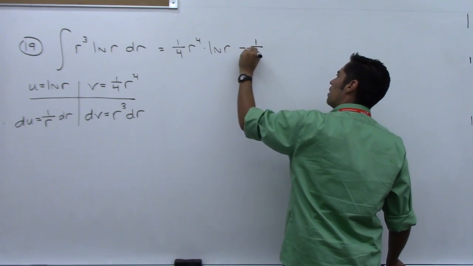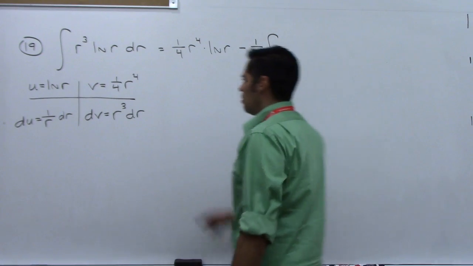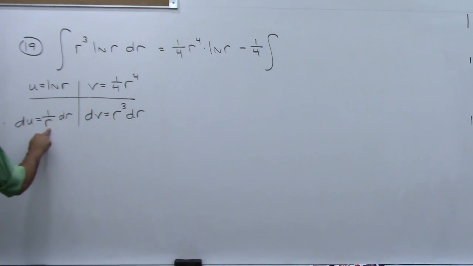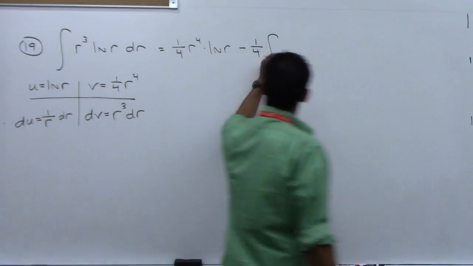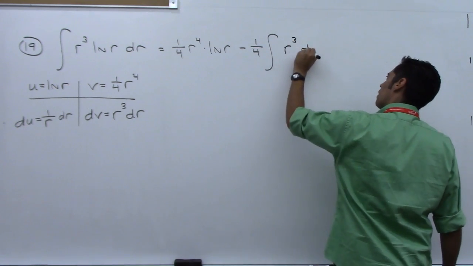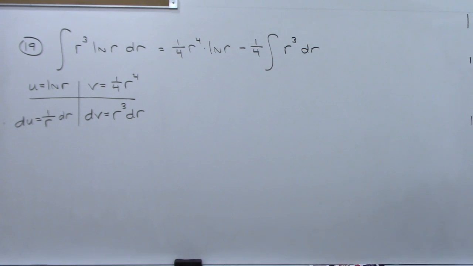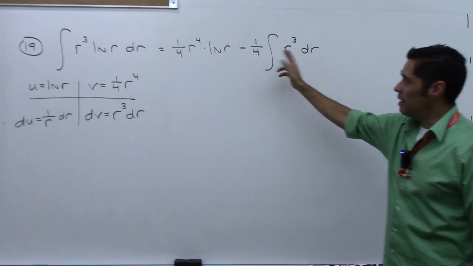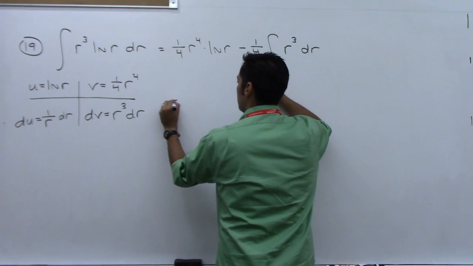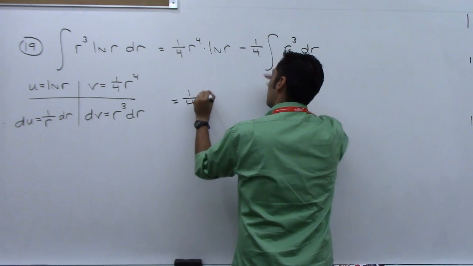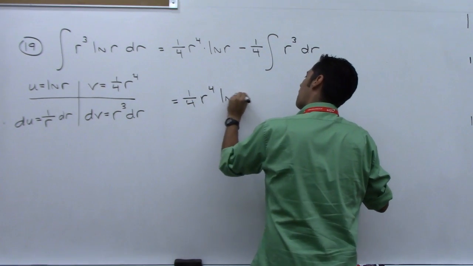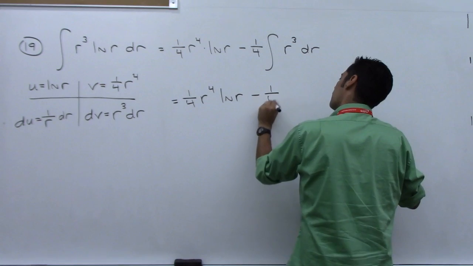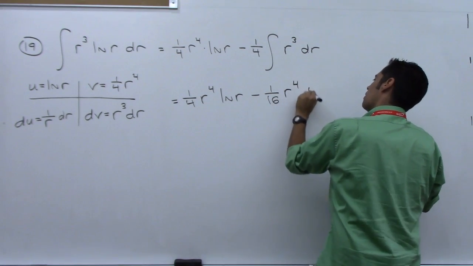Notice that 1/4 can come out. When you do r to the 4th and you divide by r, you get r cubed, so r cubed dr. Antiderivative of this is 1/4 r to the 4th, and we have that 1/4 out here again. So we get 1/16 r to the 4th plus c.